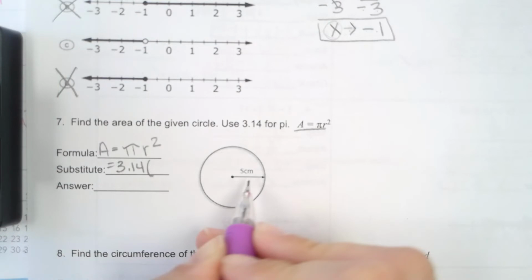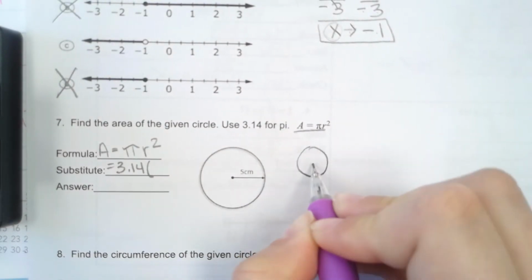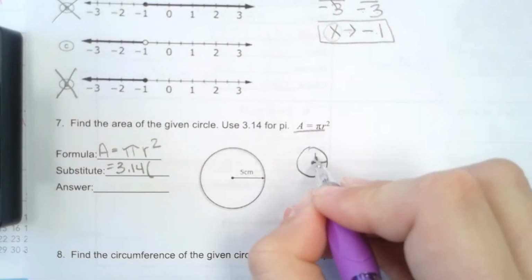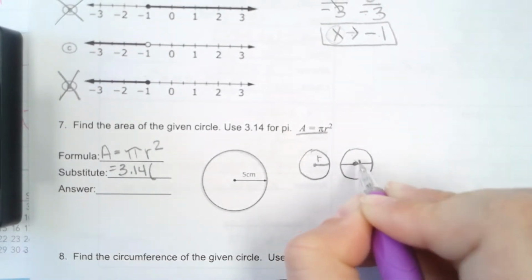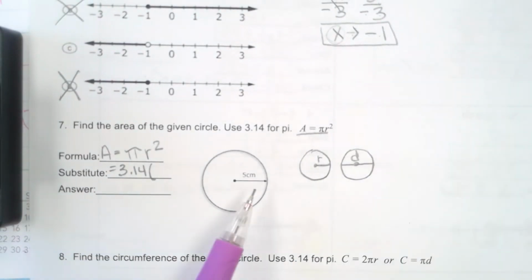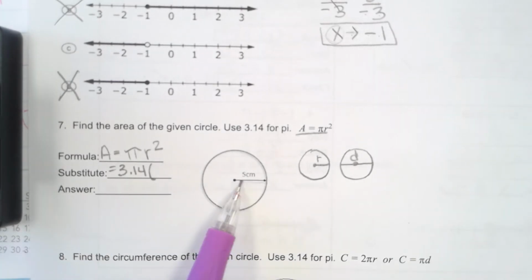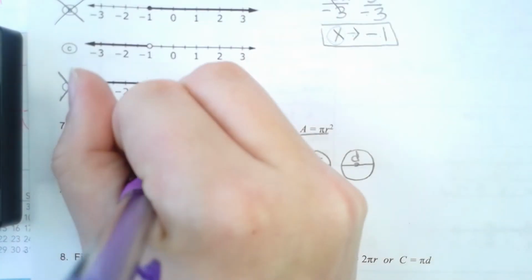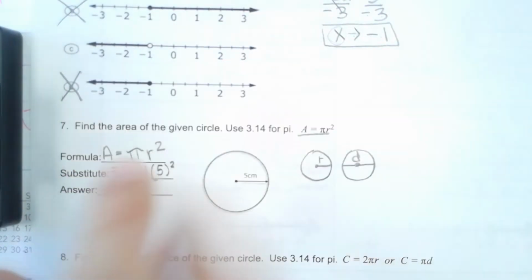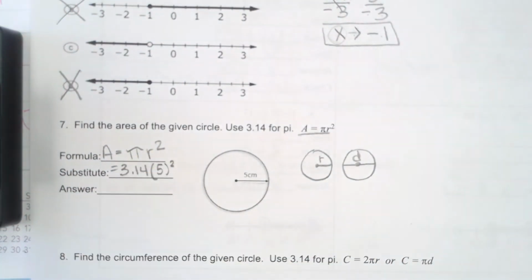R means radius, and if you guys remember, radius is talking about half of the circle, and diameter is talking about the line that goes all the way through the circle. They do give us the radius, so I'm going to plug in 5 for R, and then I'm going to square it because it tells me to square my radius.